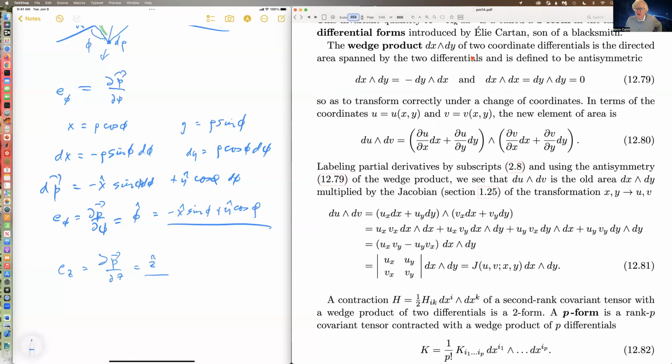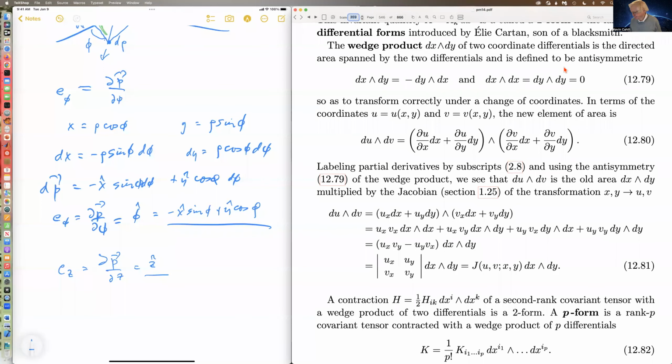He introduced something called the wedge product of two coordinate differentials, and it's basically the directed area spanned by the two differentials. It's directed in the sense of being either, if you have two differentials, you can think of the area as pointing this way, or pointing that way.